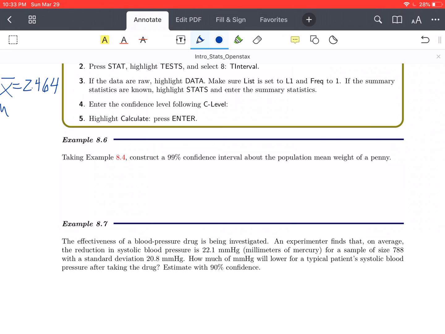We know that n is 17, right? We had a sample size of 17 pennies. S, our standard deviation for the sample, if you calculate that just on Desmos, is 0.0177.